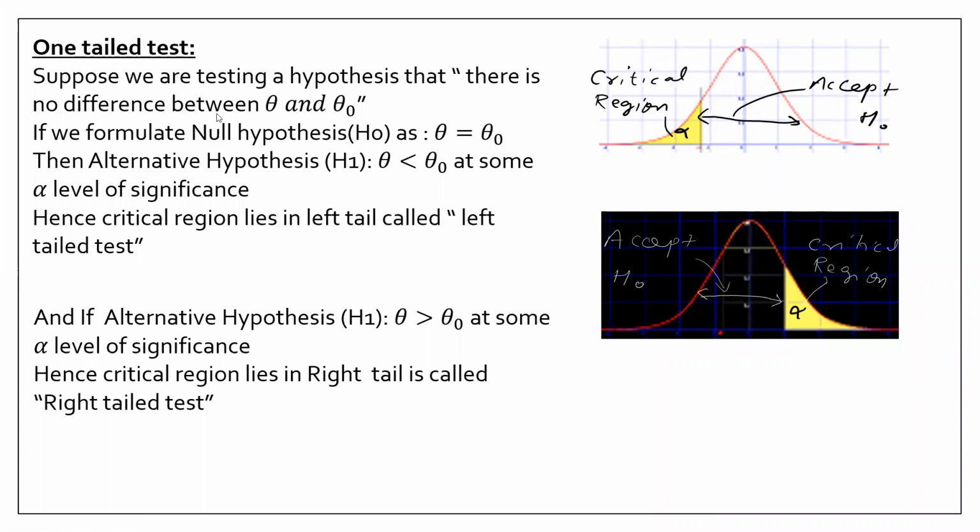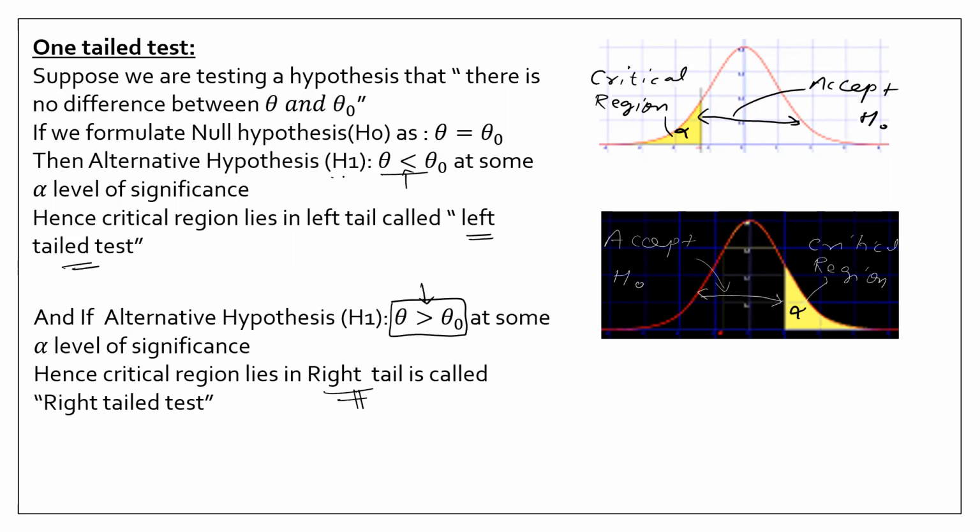One-tailed test again has two variations: either a left tail test or a right tail test. A right tail test means it will be of this pattern, that it should be greater than some parameter. A left tail test means it should be strictly less than.